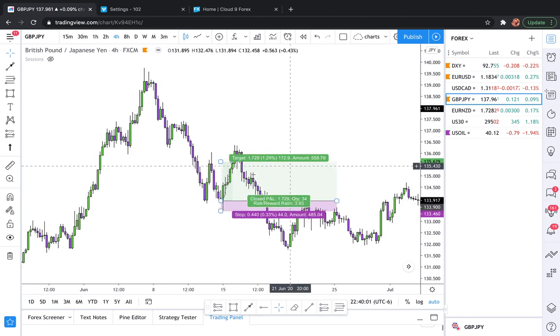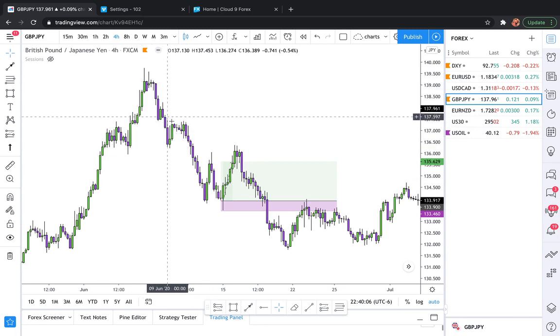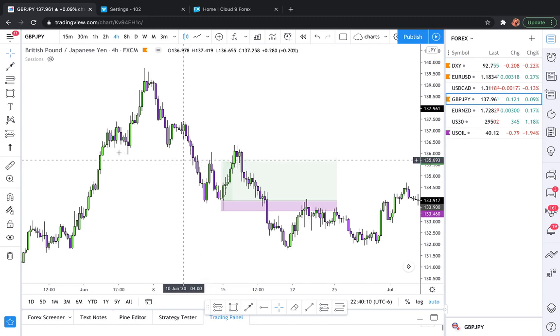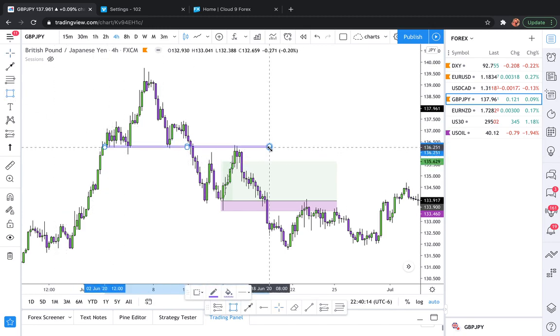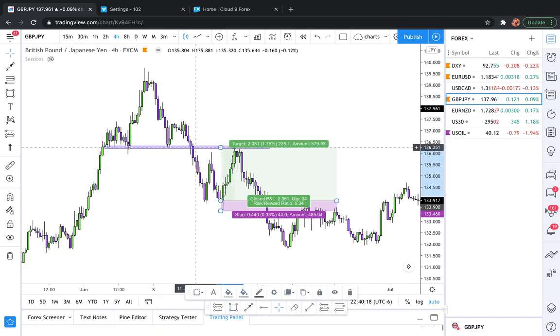I'm just showing you. Our target: first of all, we're in a downtrend right now, so we're testing this structure right here. If we're in a buy, our first target would be this structure right here. That's 230 pips. It's still worth this buy, but you've got to understand we're in a bearish trend.